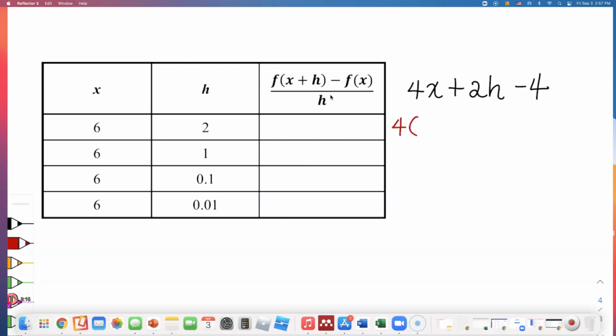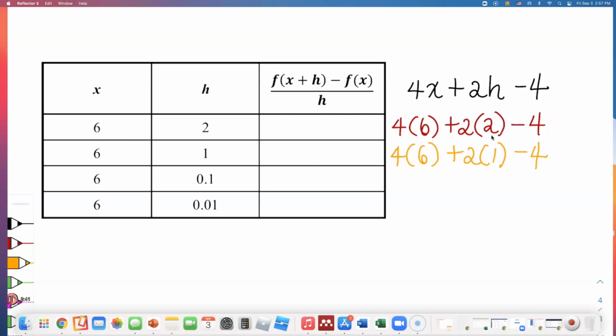4 times x of 6 plus 2 times h of 2 minus 4. Hey, how about I just set it up and I'll go to my scientific calculator and just keep on changing the h value, okay? So next one will be 4 times 6 plus 2 times 1 minus 4.